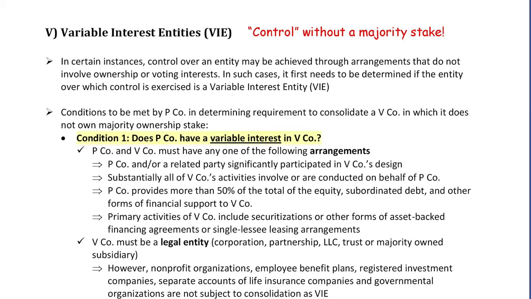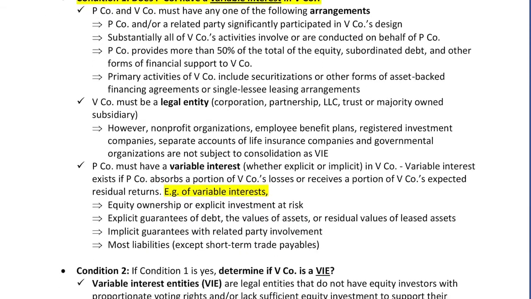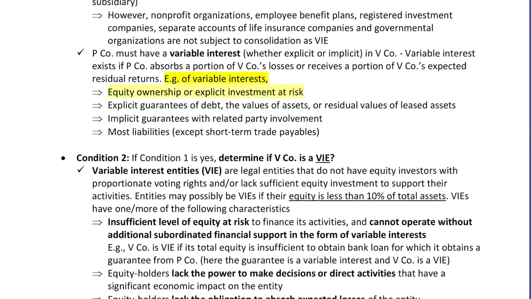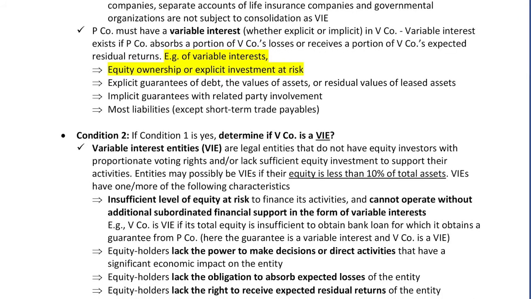Highlight condition number 1. Does P company have a variable interest in V company? And a few paras below, highlight example of variable interest, highlight equity ownership or explicit investment at risk, highlight explicit guarantees, implicit guarantees, highlight liabilities.